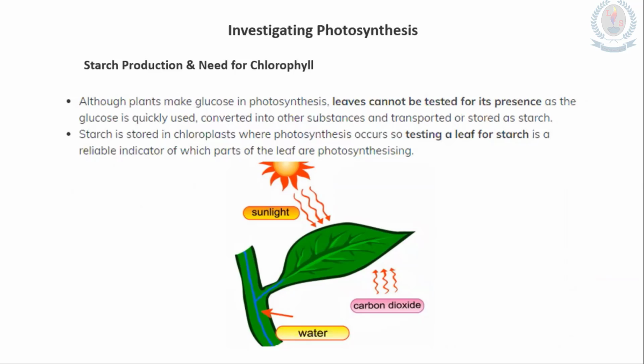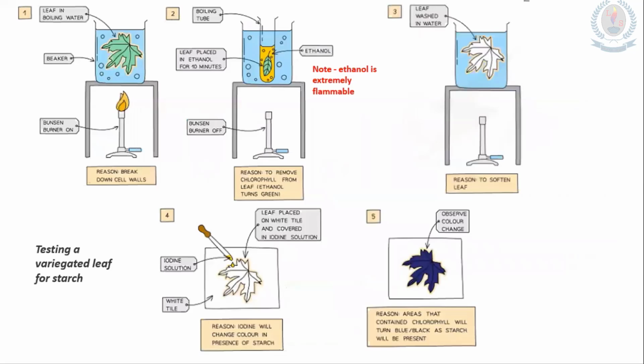Actually this glucose is converted into starch. In order to identify starch, we can use iodine solution. Iodine is a yellowish brown color. In the presence of starch, it turns dark blue. So this is the experiment that we can perform to identify starch present in a plant leaf.